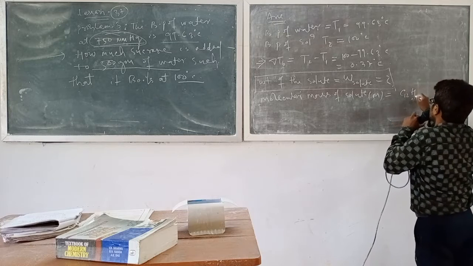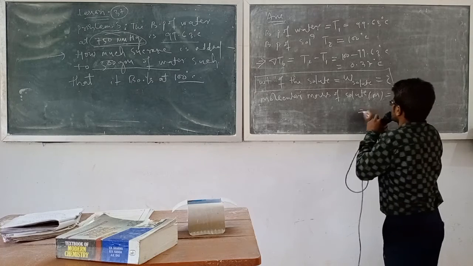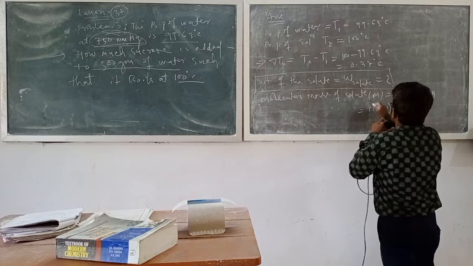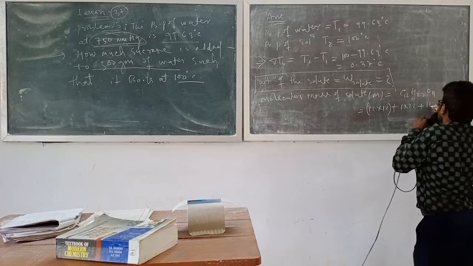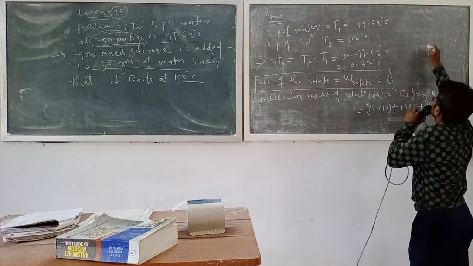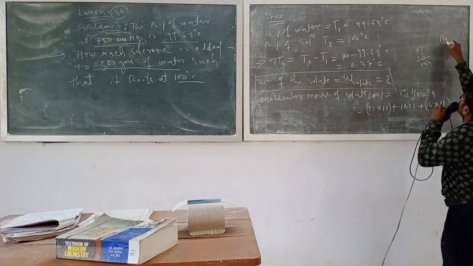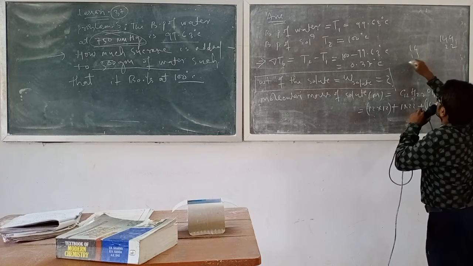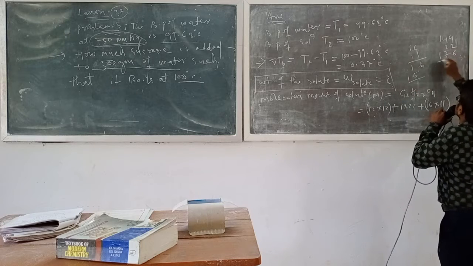This is the formula of the molecular mass of the sucrose, C12H22O11. So this is equal to what? 12 into 12 plus 1 into 22 plus 16 into 11. So 12 into 12 is 144. 144 plus 22 plus 176.